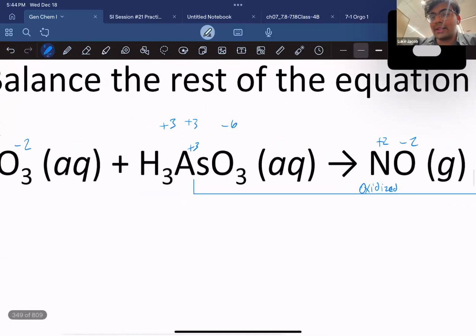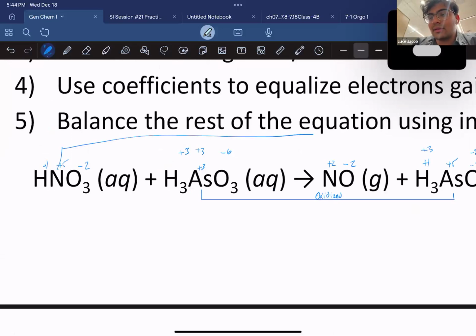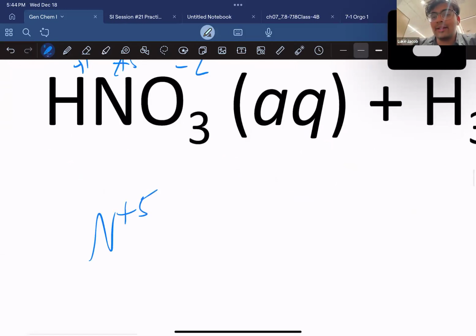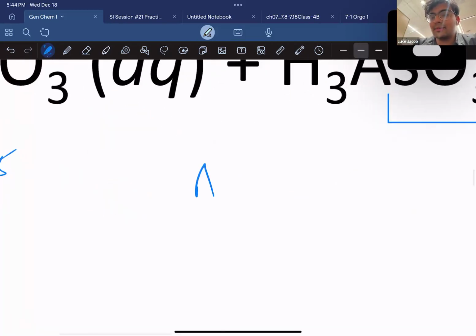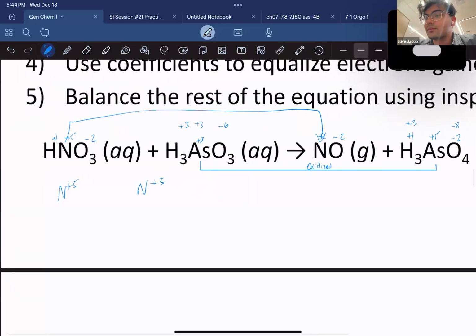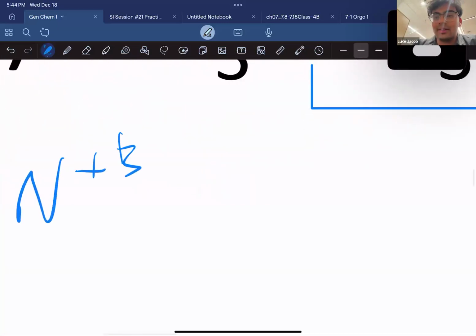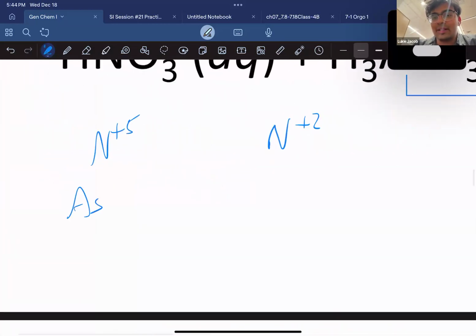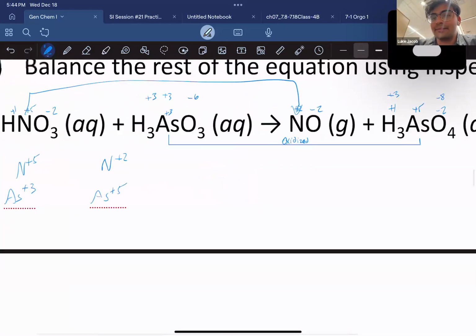And then over here, this is getting reduced, right? Typically, I like to say things that are getting reduced are becoming more negative, right? And so the N is going from +5 and becoming N +3, or +2, sorry guys. And then the arsenic is going from As +3 to As +5.